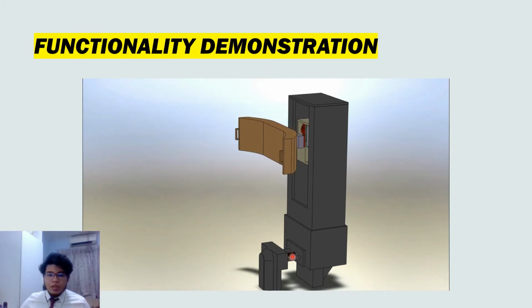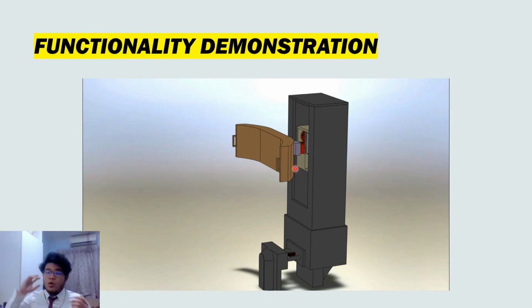The clamp on the bottom will open to make it easy to clamp onto the chair, onto the surface. And then the headrest unit can be moved horizontally, forward and backward, to give the user more comfort. Alright, let's move on to the next one.